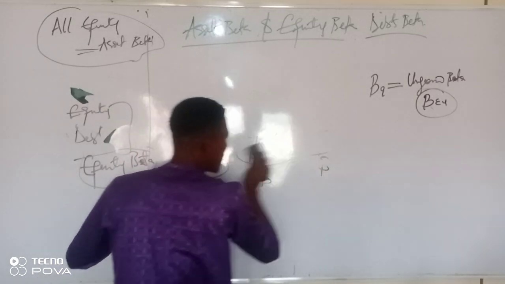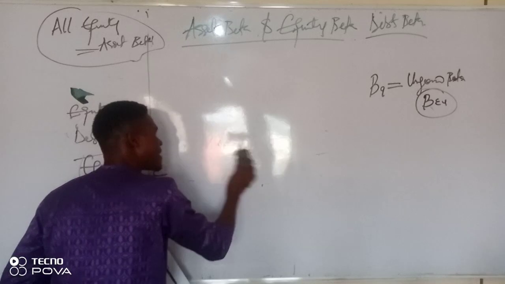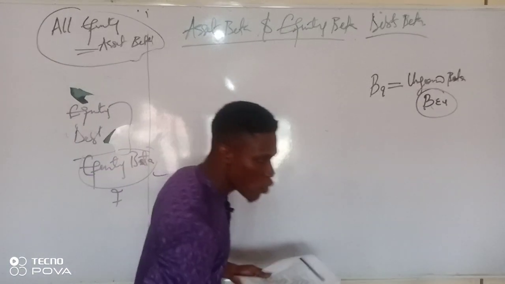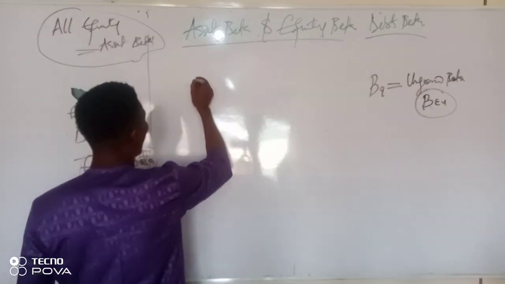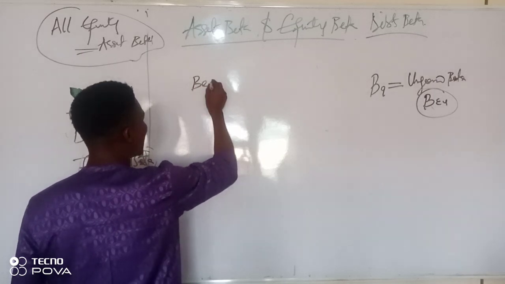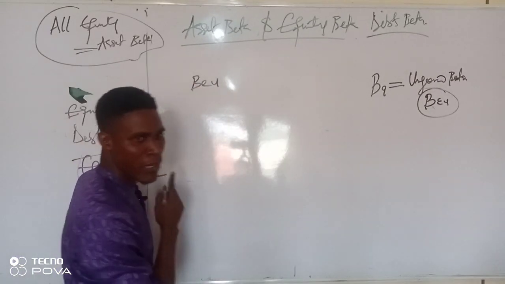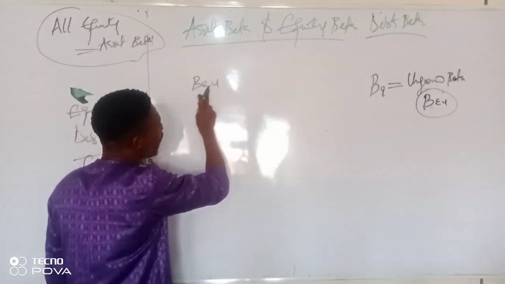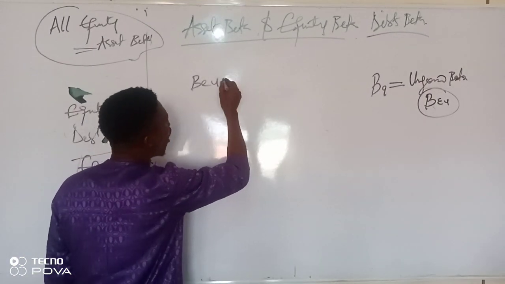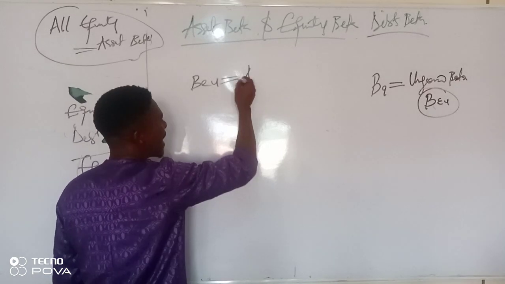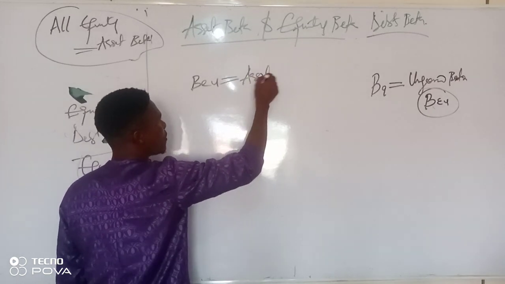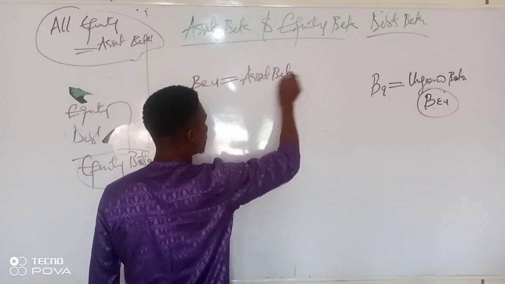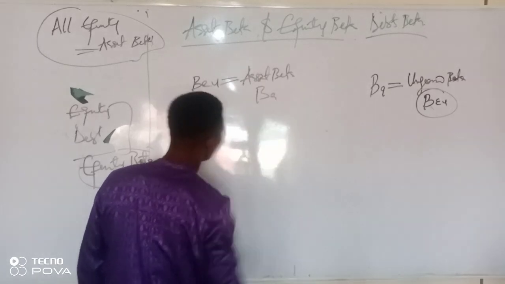I'm referring to the asset beta. The equity beta in an ungeared company is always equal to asset beta, which I always denote as βa.